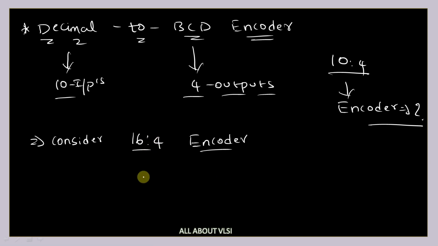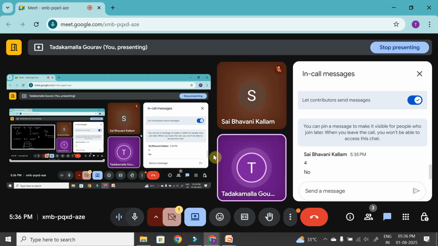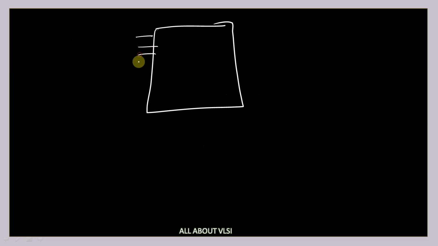Okay, so you can take 16 is to 4 encoder with 16 inputs, and all the 6 inputs will be grounded, and you are going to get your 10 is to 4 encoder. Okay, is it clear? So by considering the 16 is to 4 encoder and by disabling all the 6 inputs, we will get 10 is to 4 encoder like this. So I0 to I9 are your inputs, and your outputs are Y3, Y2, Y1 and Y0.